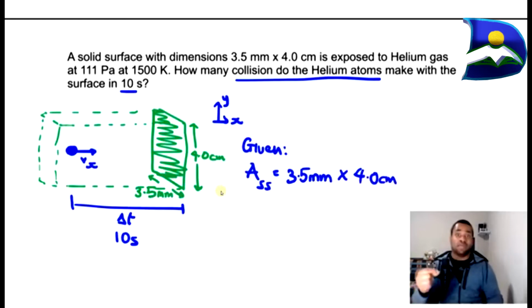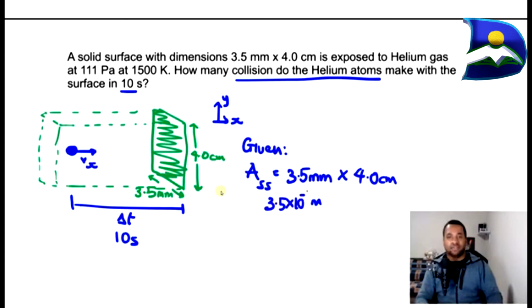Going from millimeters to meters, 3.5 becomes 3.5 times 10 to the -3, multiplied by, for centimeters to meters, 4.0 times 10 to the negative 2 meters.